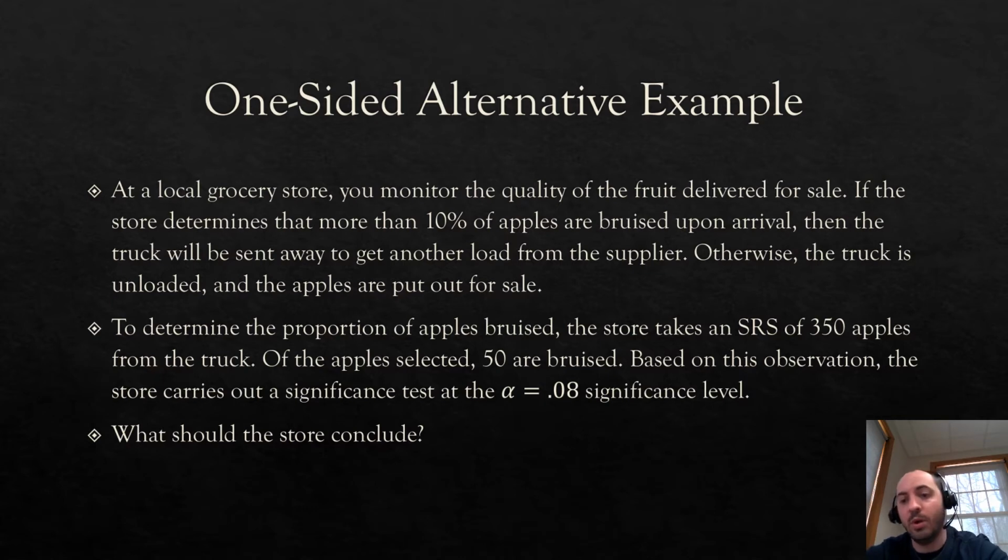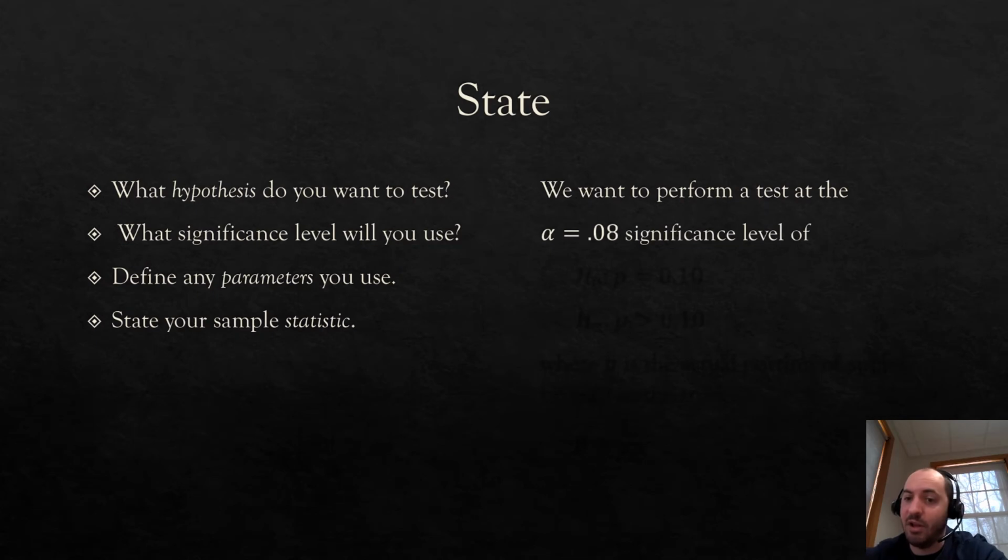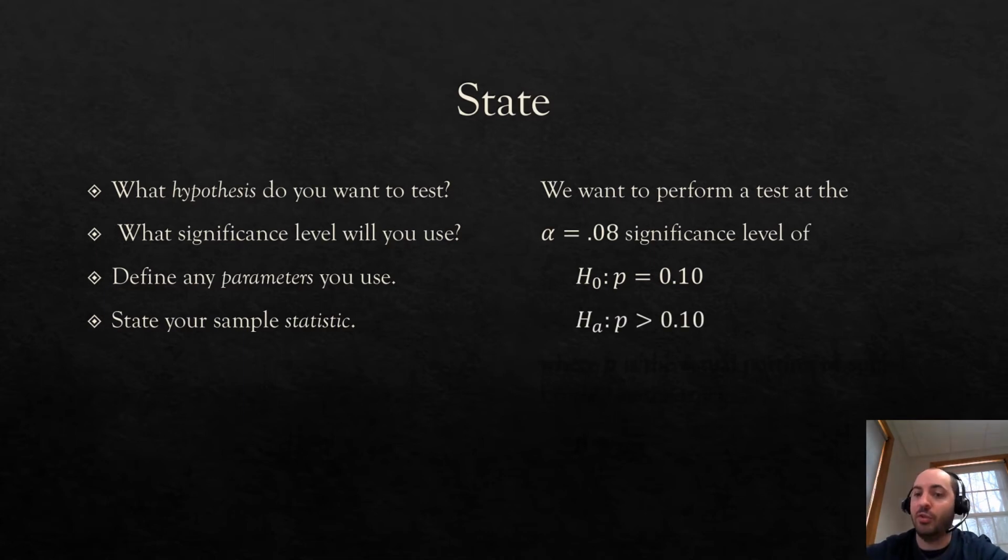So we're going to carry out a hypothesis test now. We're going to start with the state phase. So we are interested in performing a hypothesis test with a significance level of 0.08, with our null hypothesis being that the proportion of apples that are bruised is 0.1, with the alternative being based on our sample statistic, we think that more than 10% might be bruised.